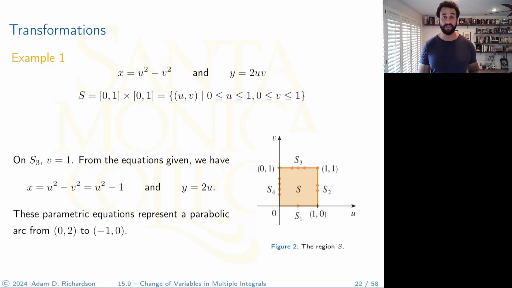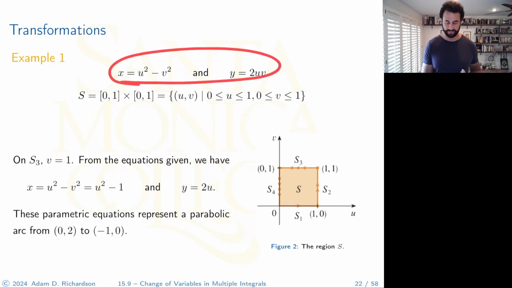Once again, this is a parabolic arc. This is describing a parabolic trajectory, and this one is going to go from (0, 2) down to (-1, 0). So you can put this together. We went this way, and then this way, and now we're going this way. That's what's happening to these line segments under this transformation.